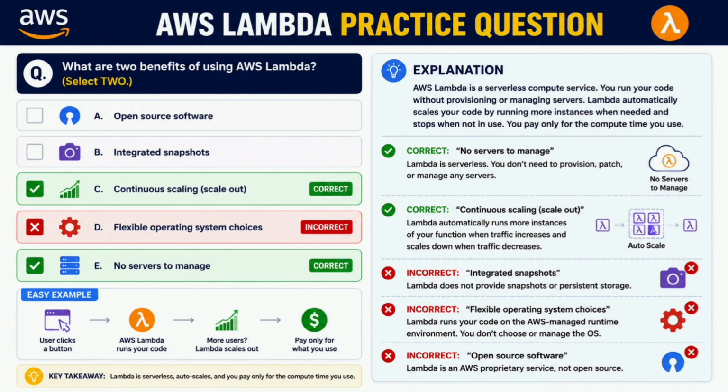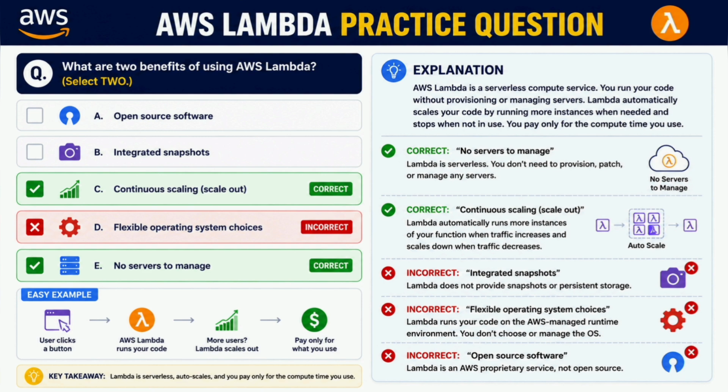Because we know AWS Lambda is a serverless compute service. You run your code without provisioning or managing servers. Lambda automatically scales your code by running more instances when needed and stops when not in use. You pay only for the compute time you use.